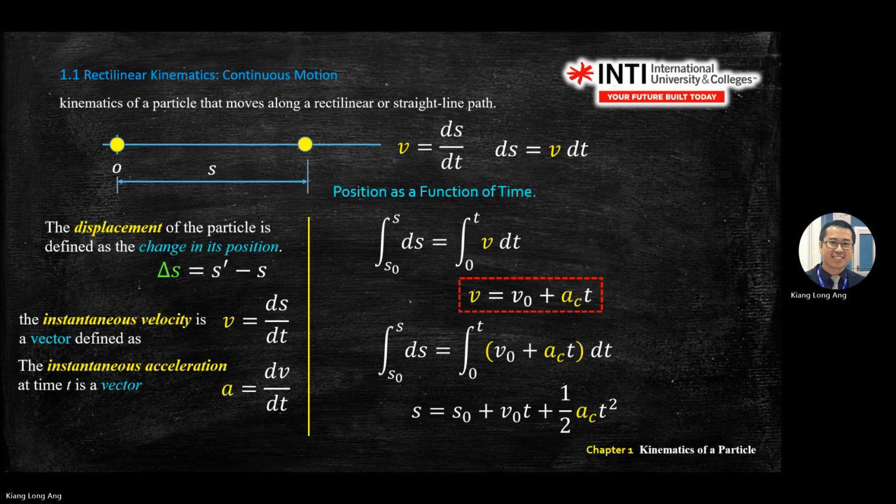Okay. So you do the first one. So here is v dt. So you have v0 (t minus 0). Here you continue that one. a_c you pull out. You are integrating the time.